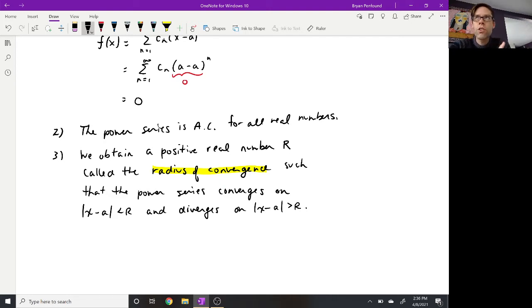Now, another piece of terminology that comes out of this is that interval. So the interval where we are absolutely convergent is called the interval of convergence as well.